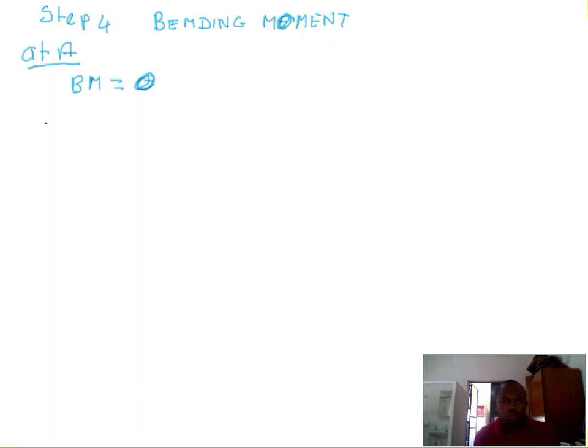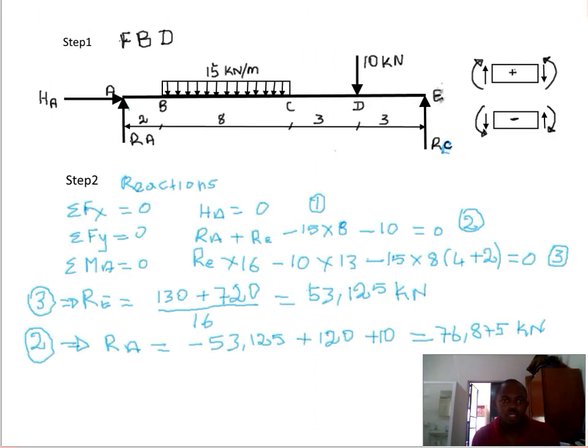Moment at A equal to 0, and the moment at B is equal to the reaction at A times the distance from B, which is 2.